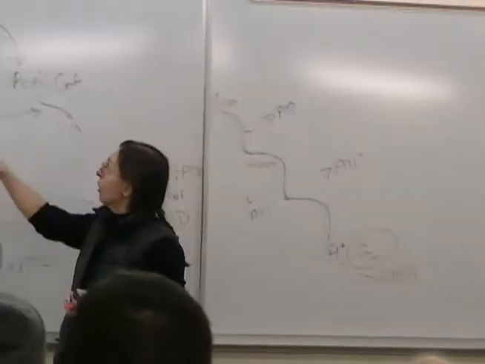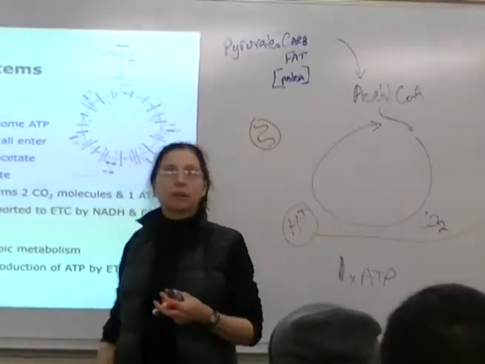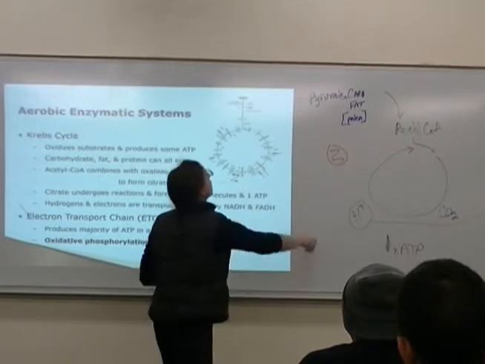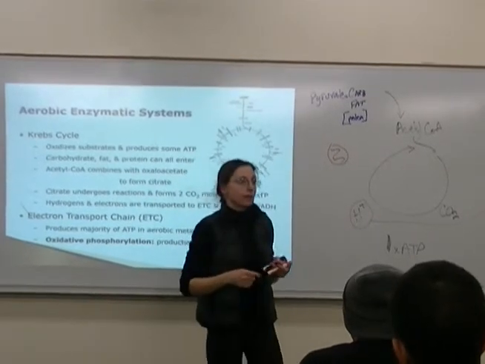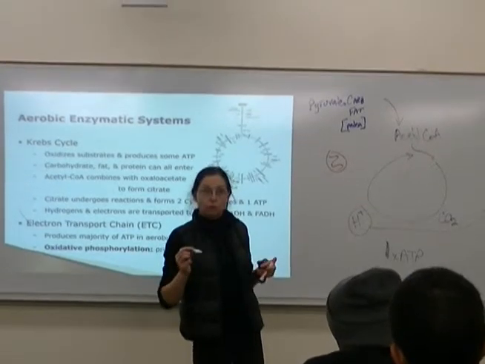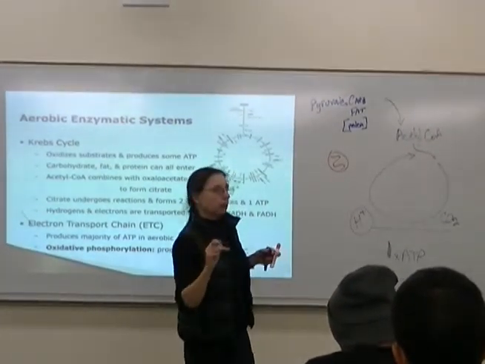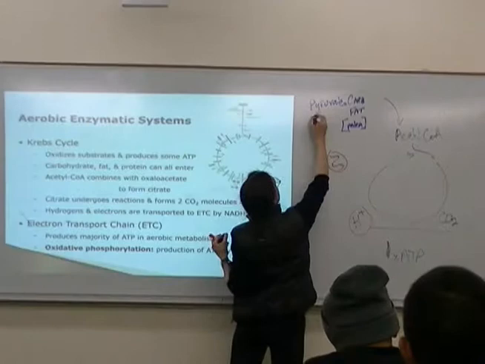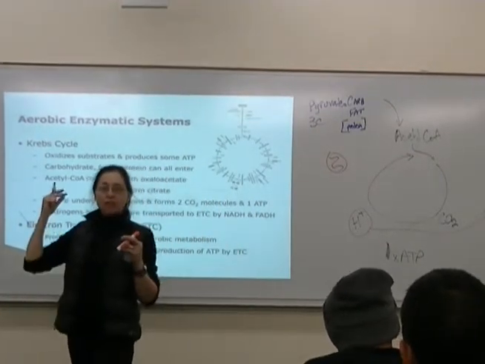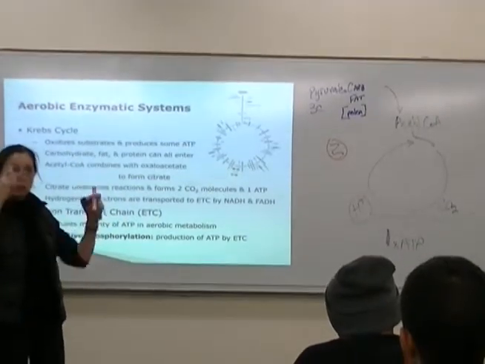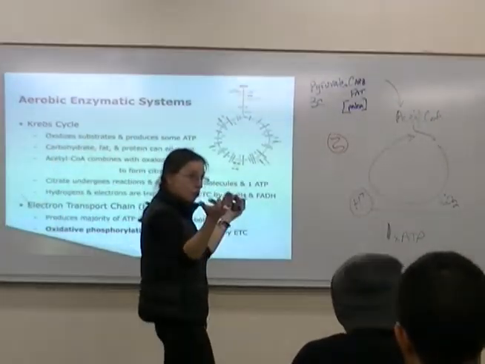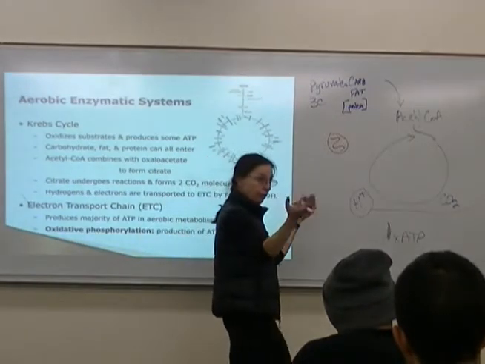Okay, so how many carbohydrates? Oh God, brain. How many carbons did pyruvate end up with at the end of glycolysis? 3, right? Remember that glucose and glycogen are 6 carbon molecules. We break it in half, halfway down glycolysis, I end up with 2 3 carbon molecules.